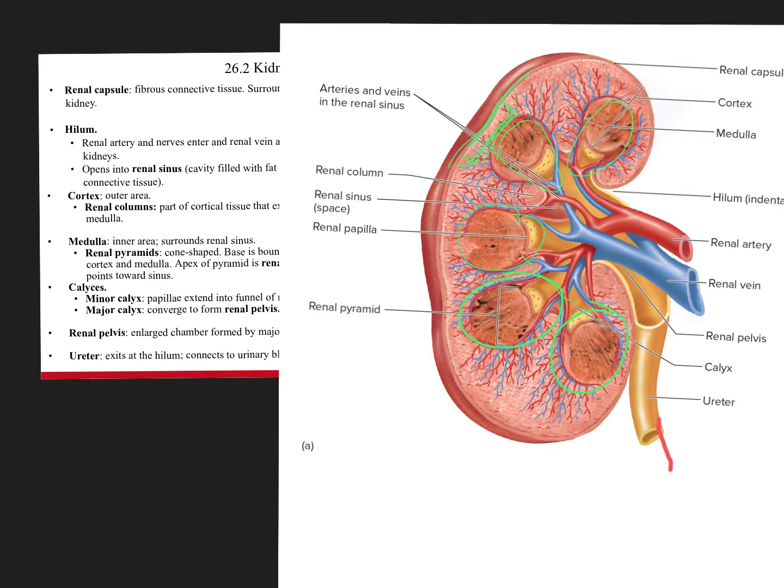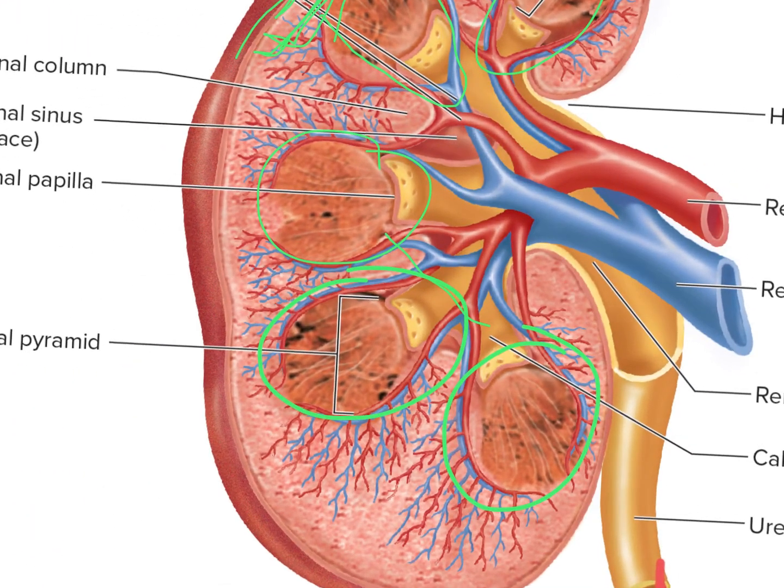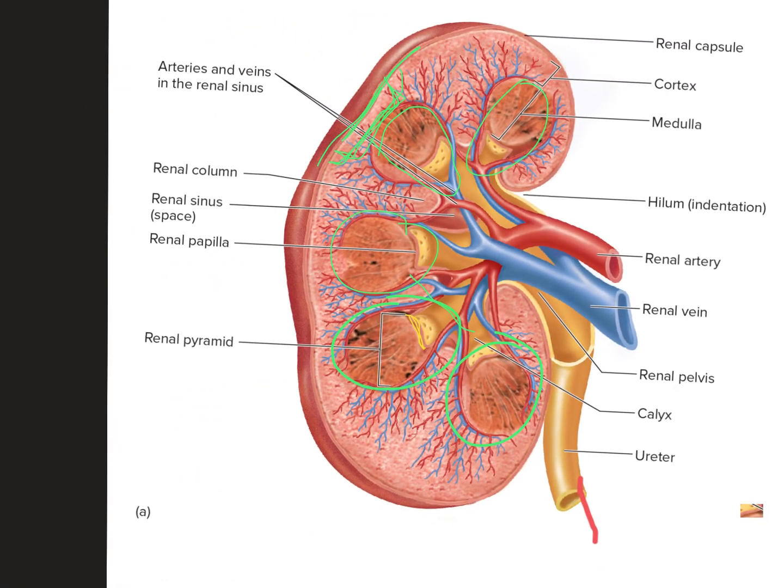They are cone-shaped, and at the very bottom of each of those pyramids, you have this little pocket right here. That little pocket is the renal papilla. The renal papilla is basically in between the minor calyx and the renal pyramid.